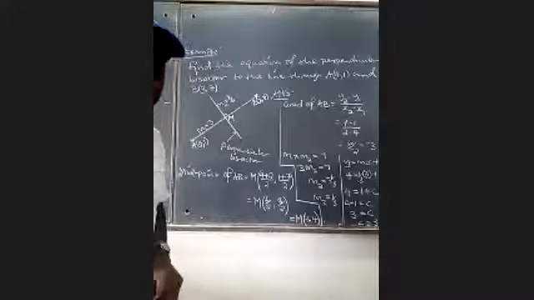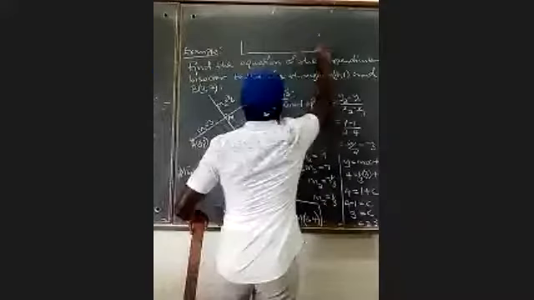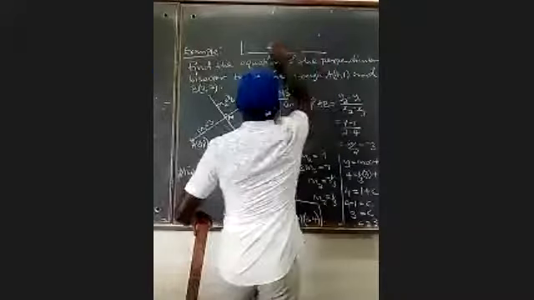Is that okay? Yes, teacher. The equation of the bisector, allow me to write it here because my space here is limited. So the equation of the perpendicular bisector is y equals mx plus c.